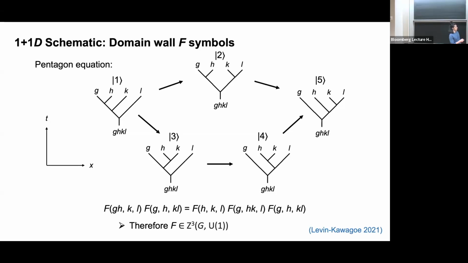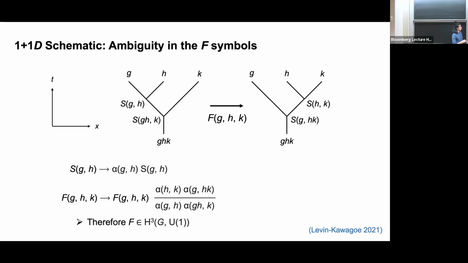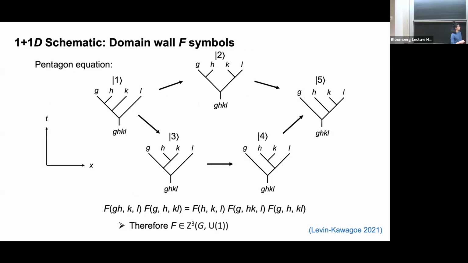We imagine 5 inequivalent space-time processes, all of which start with a state that has a single GHKL domain wall, and then this single domain wall is split into 4 different domain walls via 5 inequivalent space-time processes. This defines 5 different states, 1, 2, 3, 4, 5, which are all the same up to a phase.